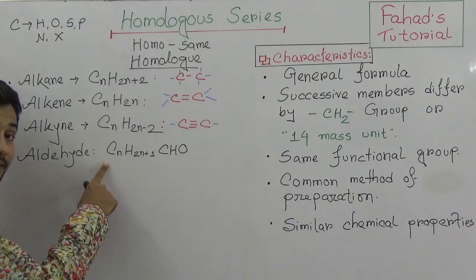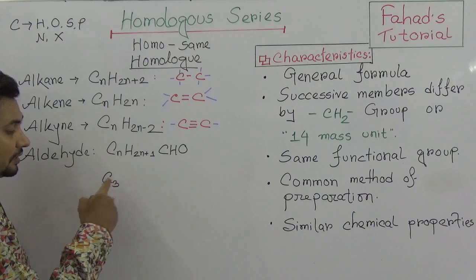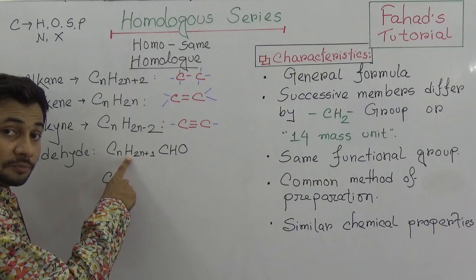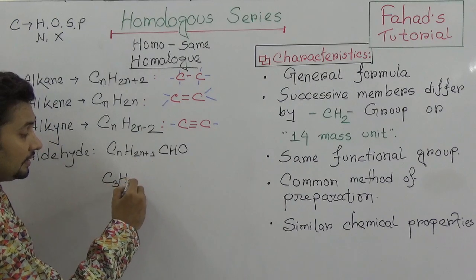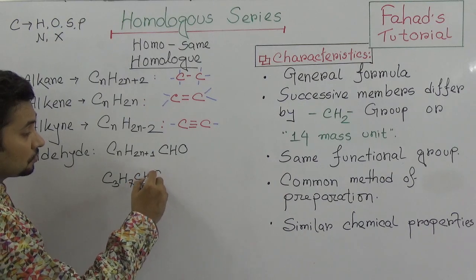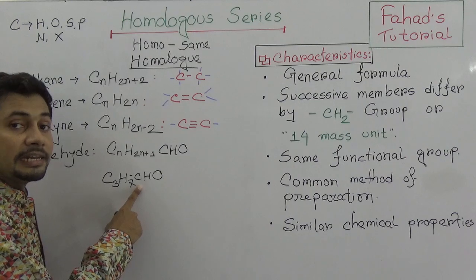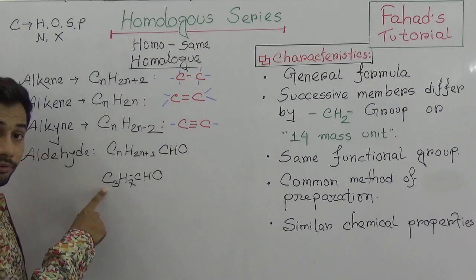So whenever we write something like, suppose C3, carbon number is 3. So hydrogen should be 3 times 2 is 6 plus 1, 7. So C3H7CHO, that is actually butyl. Butyl, because the number of carbon is actually 4.